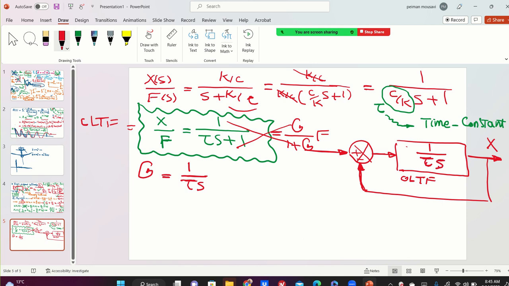Now you tell me, I taught you. What do you see here regarding differentiation and integration in the open loop transfer function G? Yes, your open loop transfer function of the system has an integrator.